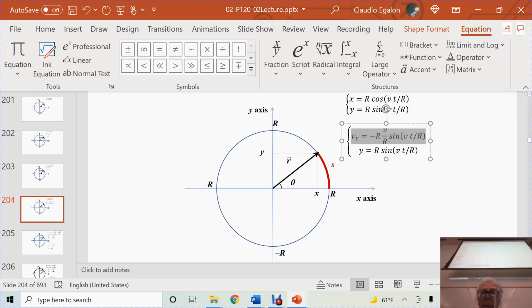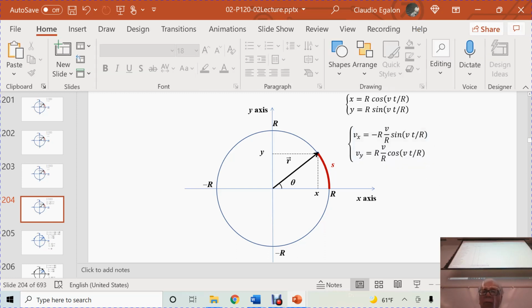And now, in order to make my life simple, I will just copy the v x there at the top and change the subscript. v y, the argument remains the same, but now we are changing sine into cosine. Because we are changing sine into cosine, we no longer have a negative sign here.